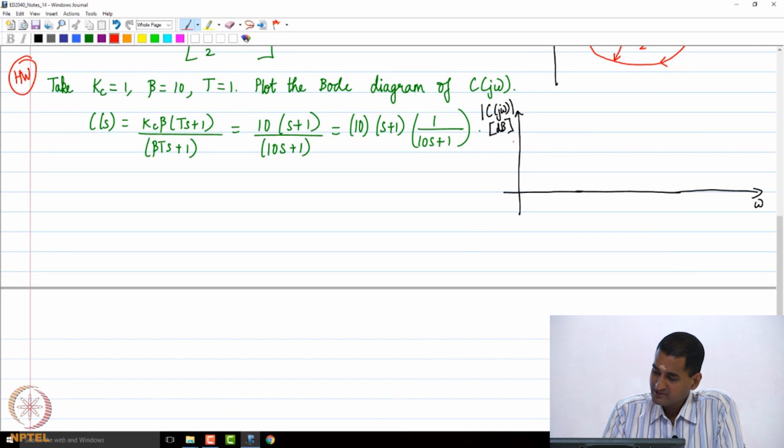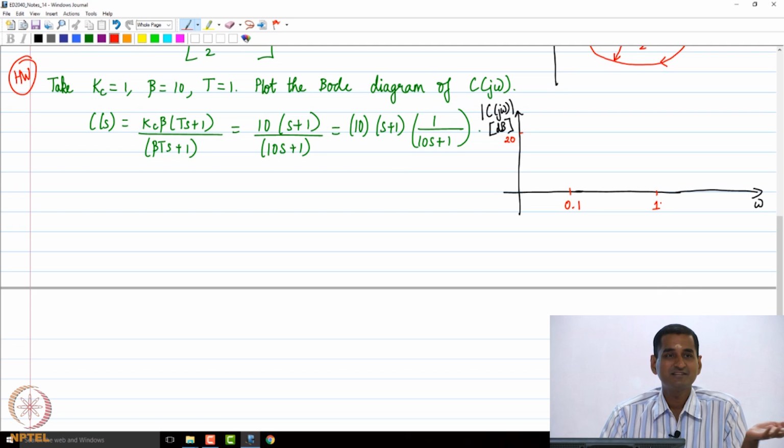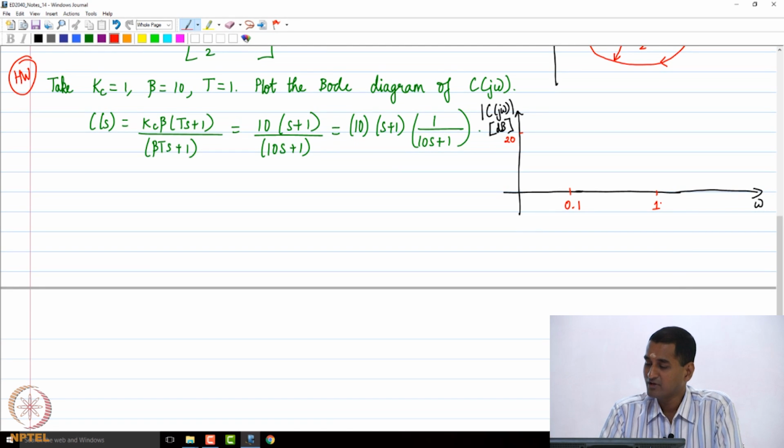This will start at 20 decibels. What are the 2 corner frequencies now? It is going to be 1 by beta T and 1 by T. 1 by beta T is obviously less than 1 by T, because beta is greater than 1. Given the values, we get the corner frequencies as 0.1 and 1.